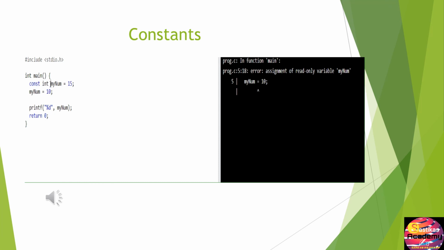If you declare the same variable name again, myNum equal to 10, while it is fixed constantly at 15, the error occurs. If you try to change the value of this const variable in other operations, the error occurs like this: assignment of read-only variable myNum. If you try to change the constant value, the error occurs.